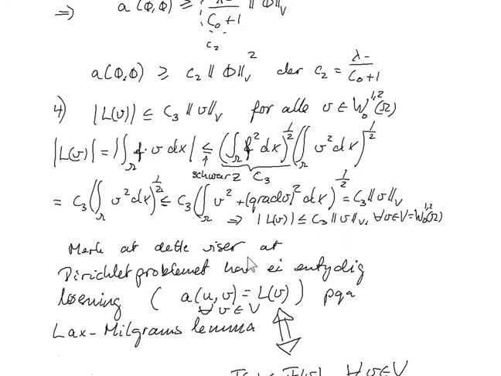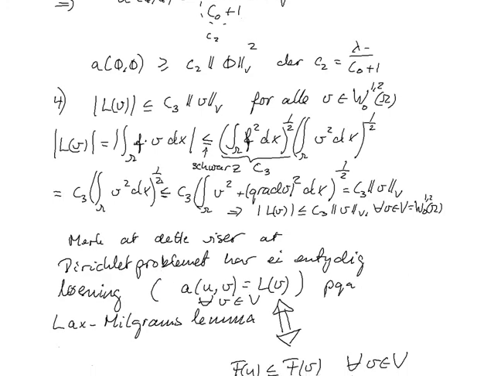Now we are in a position to use Lax-Milgram's lemma to see that the Dirichlet problem in fact has a unique solution. That was Lax-Milgram's lemma, or theorem if you want.